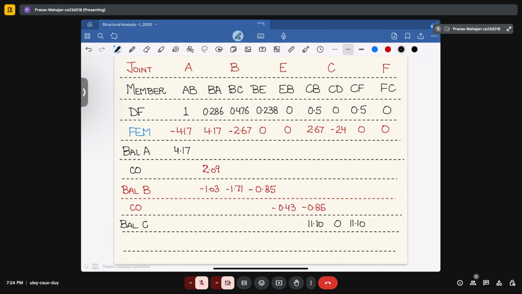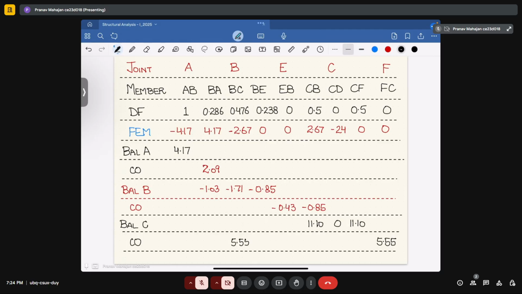Okay, so for this 11.10, the carryover moments will become 5.55 here, and for BC also it will come as 5.55.